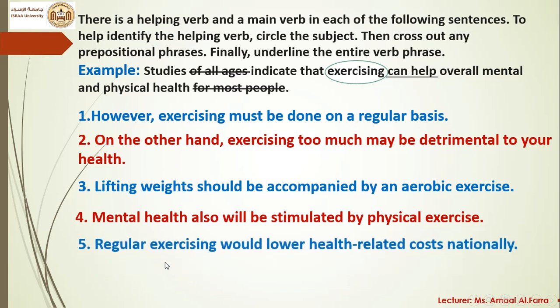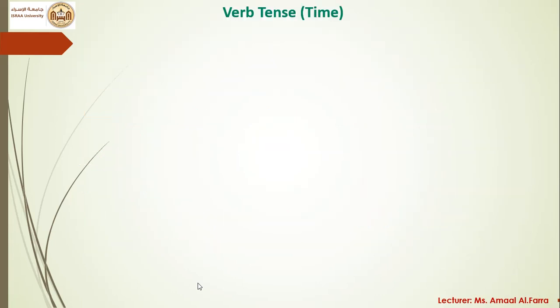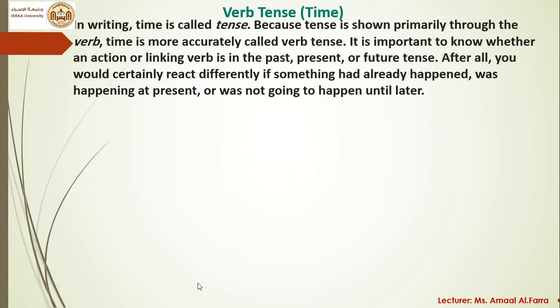Number 5, regular exercising would lower health-related costs nationally. Okay, you are going to do the same as in this example. Cross out the prepositional phrases, circle the subject, and underline the verb phrase that consists of a helping verb and a main verb.